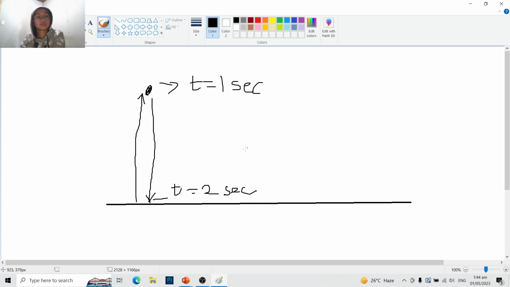Nagets ninyo? So diri si zero, di ba? Yung paglabay. So pag abot diya sa maximum na height, imong time diya is 1 second, if ang overall time travel is 2 seconds.